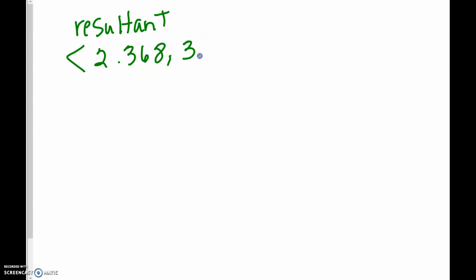All right, I'm going to take that resultant vector and put it here on the next page. So my resultant vector, when I add the two together, we just found out was 2.368 and 3.759.